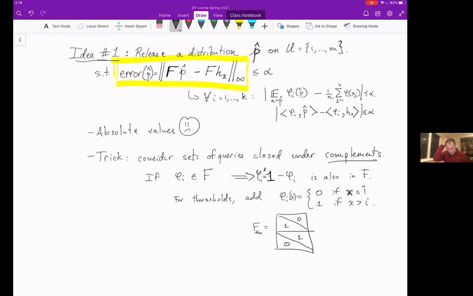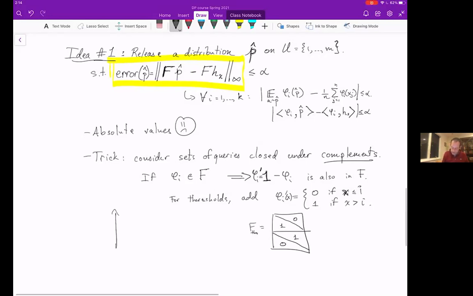Okay, and intuitively, what does this correspond to? Let's say this is our data distribution. Before, query I was asking what fraction of the data set lies to the left of I, and now we're also going to ask what fraction lies to the right.